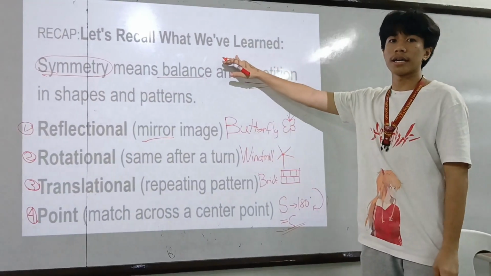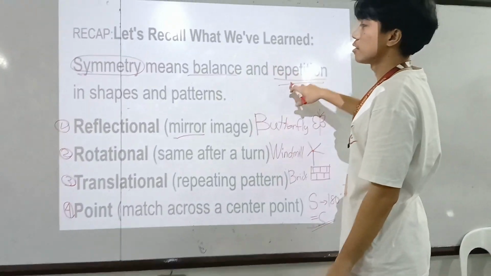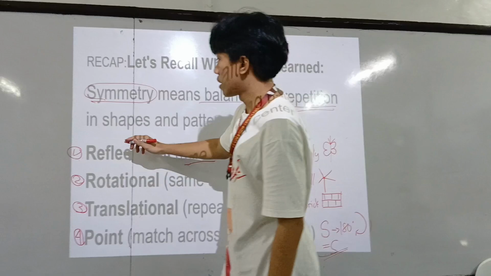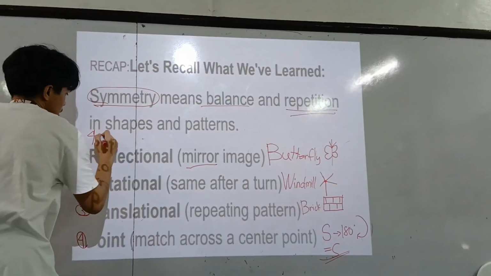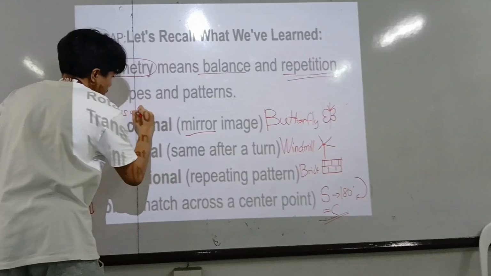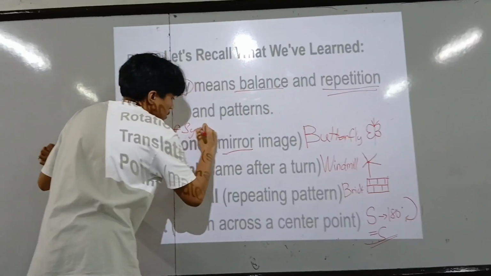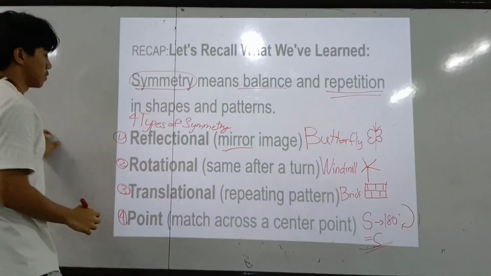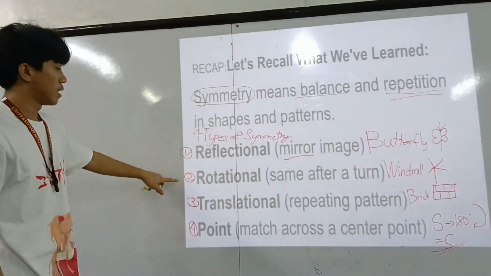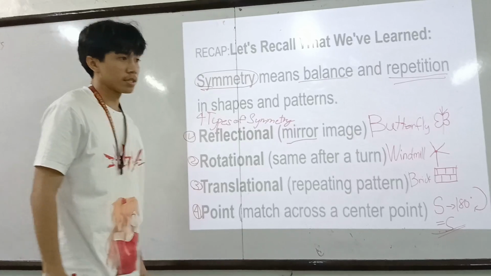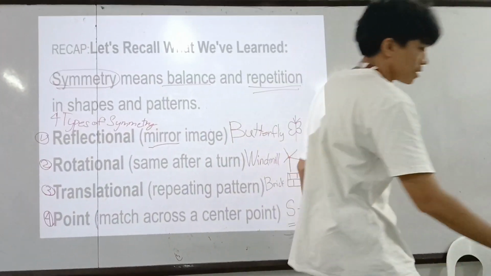So again, symmetry means balance and repetition in shape and pattern. We have four types of symmetry: reflectional, rotational, translational, and point.